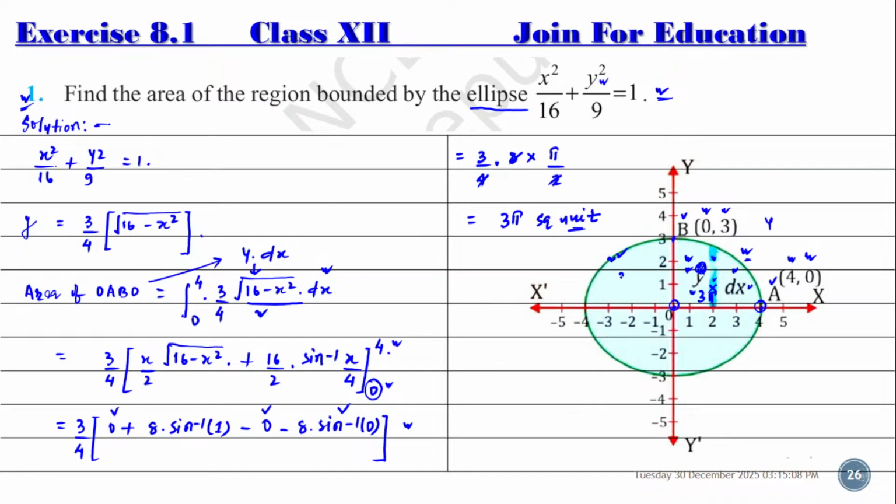Therefore the area of this part is 3 pi. The area of this part will also be 3 pi, this part also 3 pi, and this part also 3 pi.